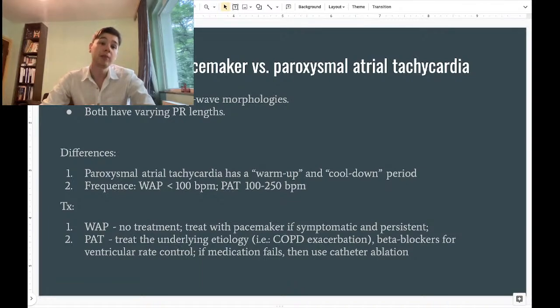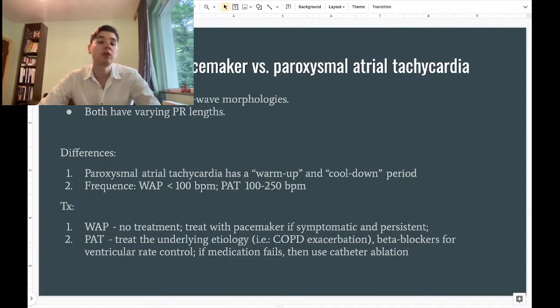The differences between wandering atrial pacemaker and paroxysmal atrial tachycardia revolve around the heart rate, namely, being a benign condition, the wandering atrial pacemaker has a heart rate of less than 100 beats per minute. By contrast, the paroxysmal atrial tachycardia presents with a heart rate between 100 and 250.